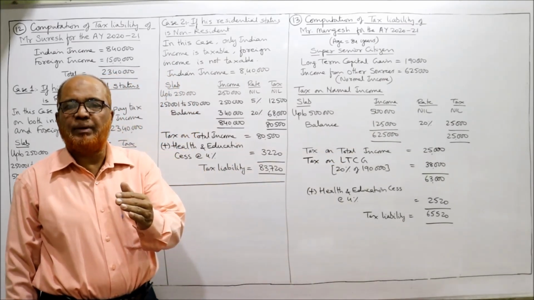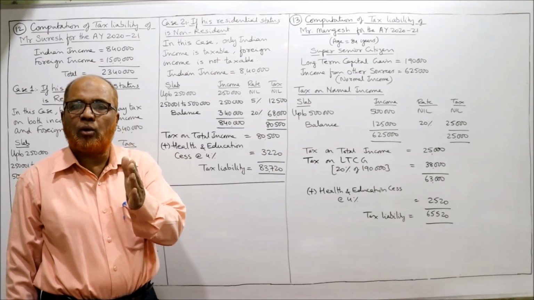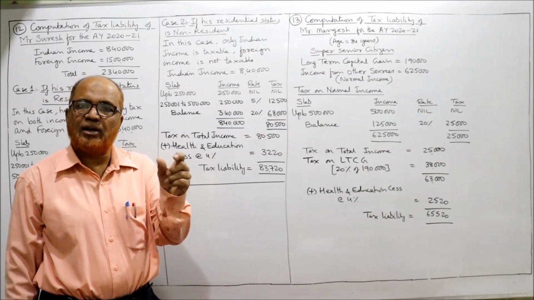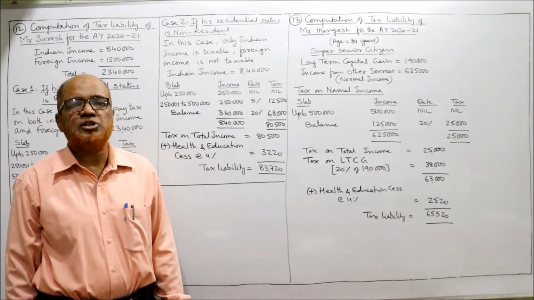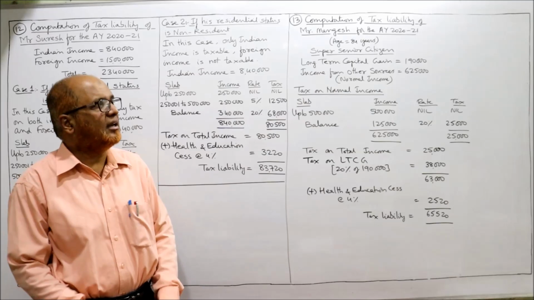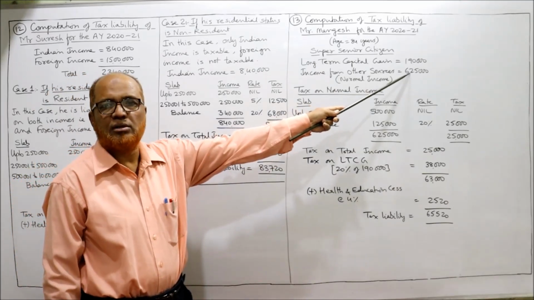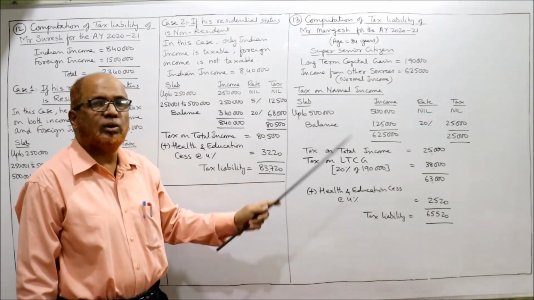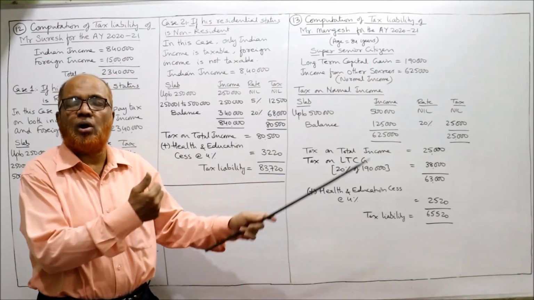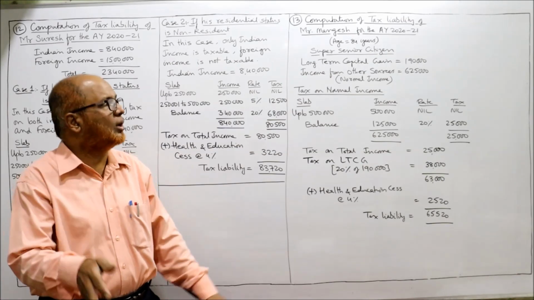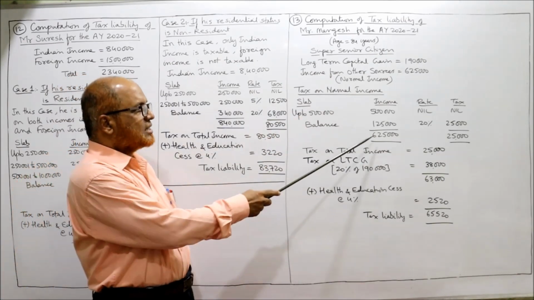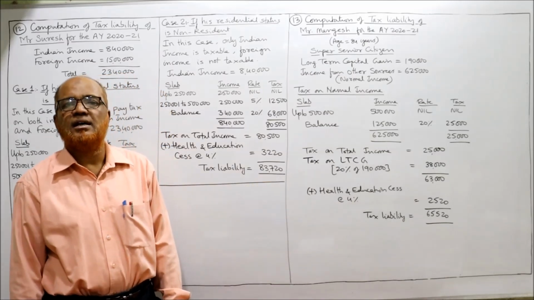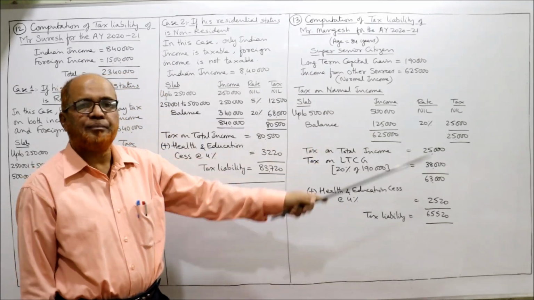The next slab will be from 5 lakh 1 rupee to 10 lakhs. But our income is not going up to 10 lakh. Our income is only 6 lakh 25,000. So we'll take the balance. I'm not writing 5 lakh 1 to 10 lakh because our income is not going up to 10 lakh. So from 6 lakh 25,000 deduct 5 lakh, 1 lakh 25,000 is the balance. And the rate is 20%.